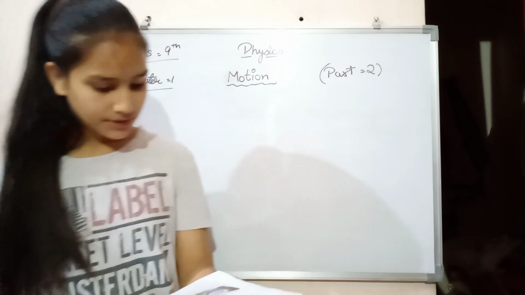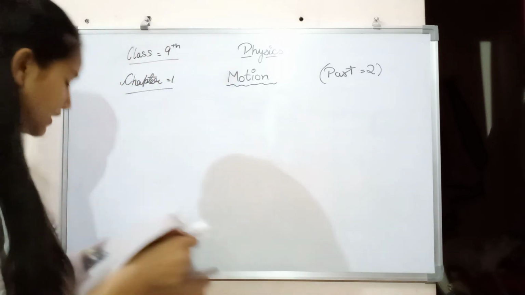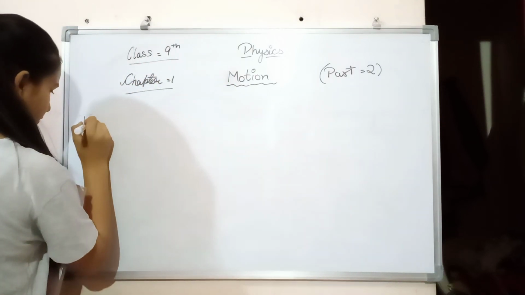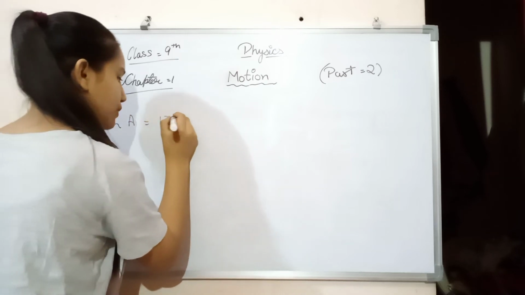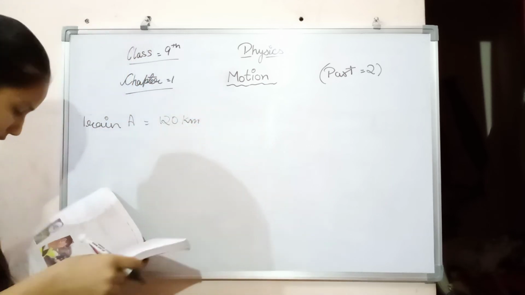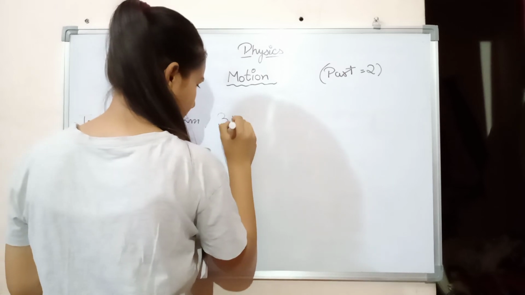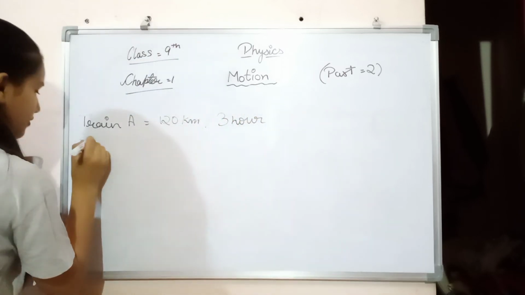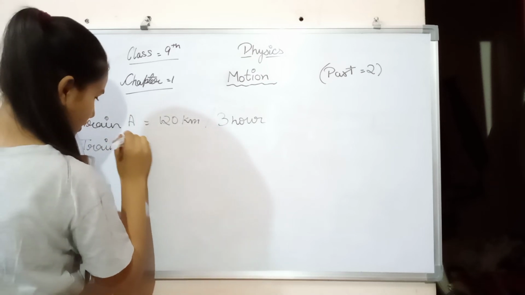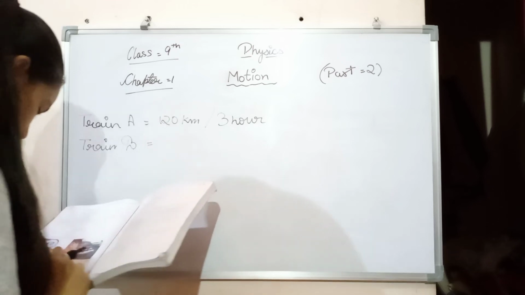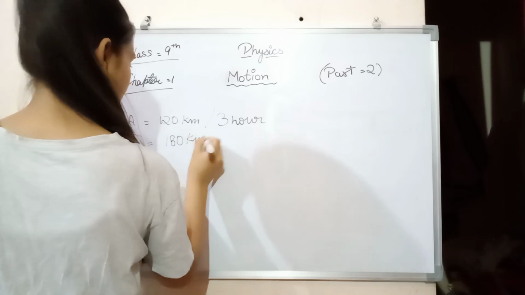Okay, suppose train A covers 120 kilometers per 3 hours, and train B covers 180 kilometers per 4 hours.